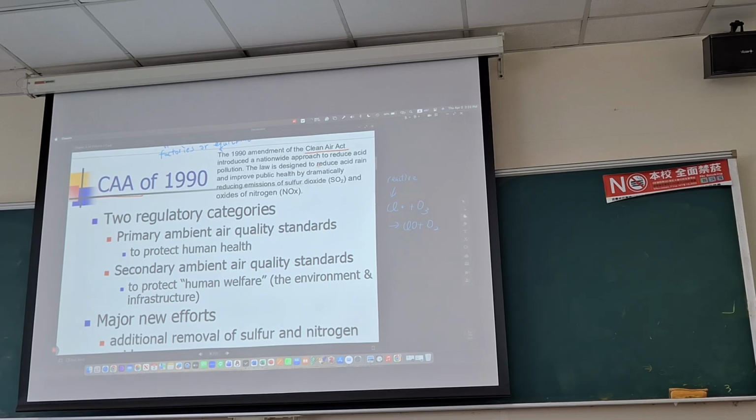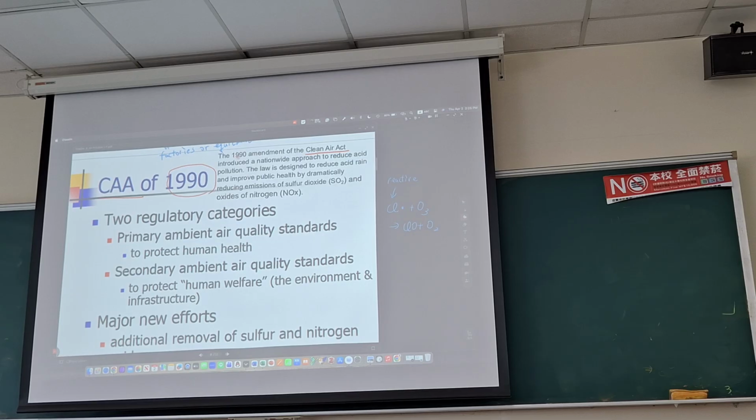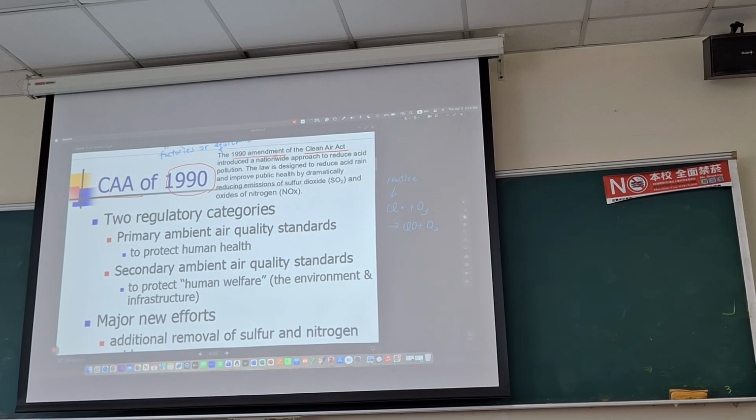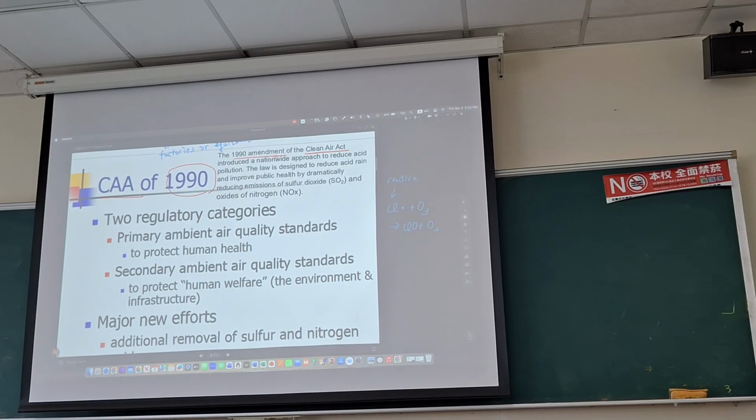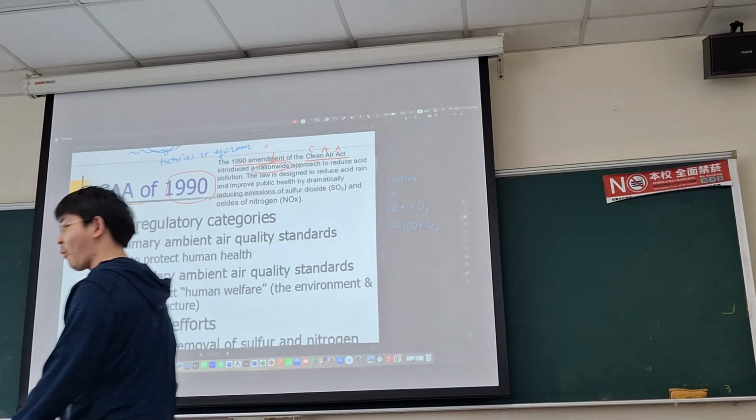The reason for 1990 is the 1990 amendments, 修正案, of the Clean Air Act, CAA. And this introduced nationwide, actually in the United States, nationwide in the United States.